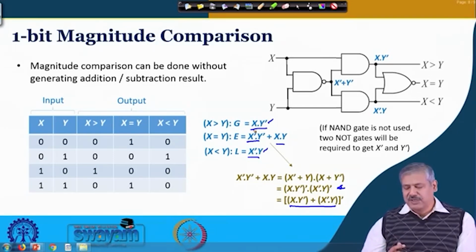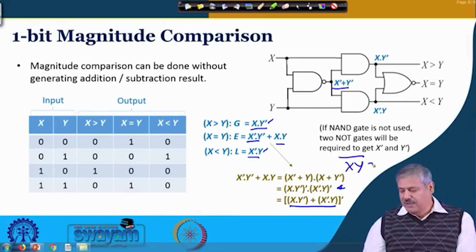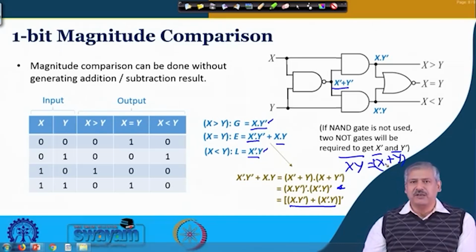But otherwise also we can see that if we have a NAND gate between x and y, we are getting x y NAND, which is nothing but x prime plus y prime. Okay. So, when you AND x with that, x prime will become 0.